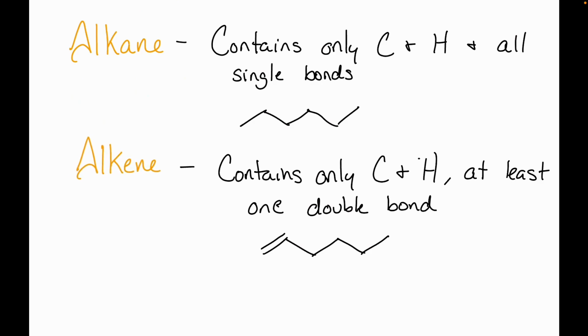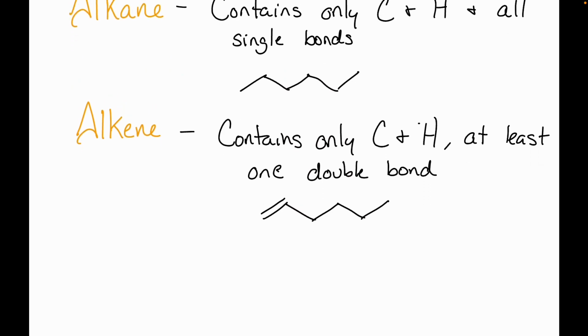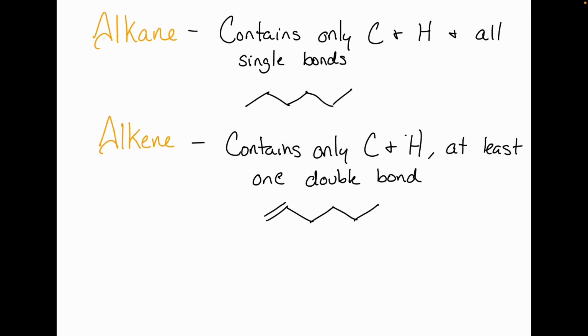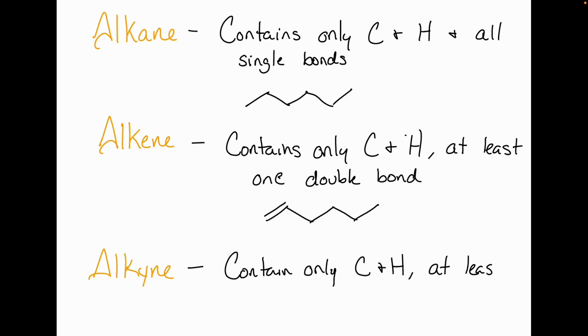All right, and then if the molecule contains a carbon-carbon triple bond, we have another name for those. Those are alkynes with a Y. So again, they contain only carbons and hydrogens, but have at least one triple bond.